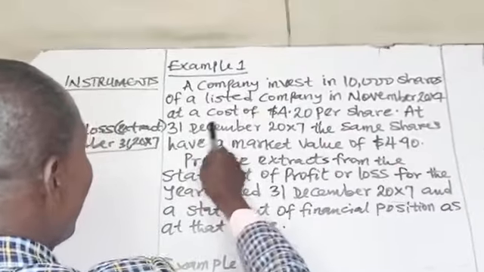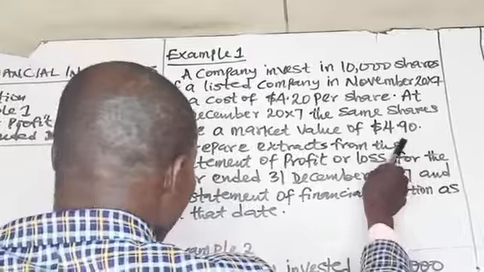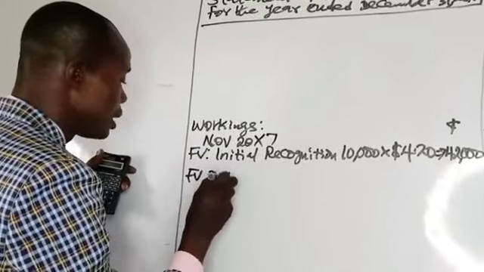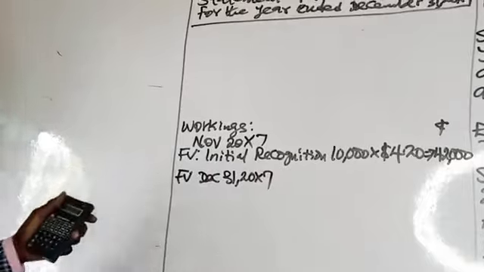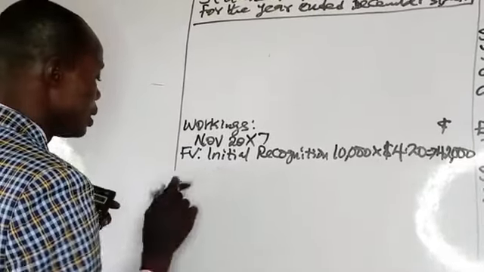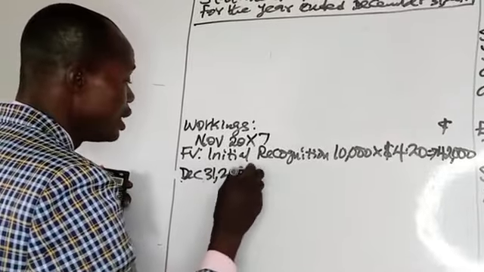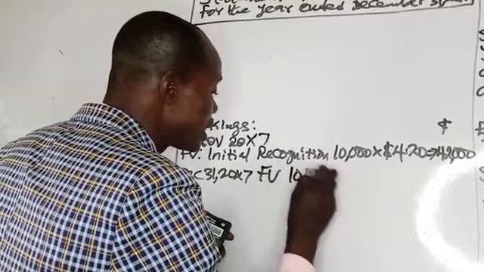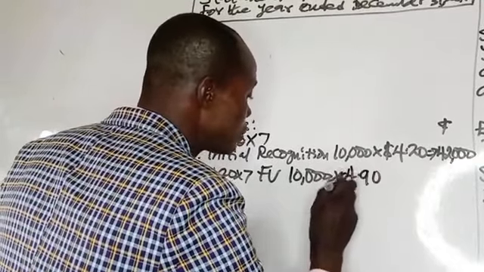At 31st December 20X7, the same share has a market value of $4.90. Fair value as at December 31st, 20X7, the fair value of the same investment now will be 10,000 shares times the market price per share of $4.90.